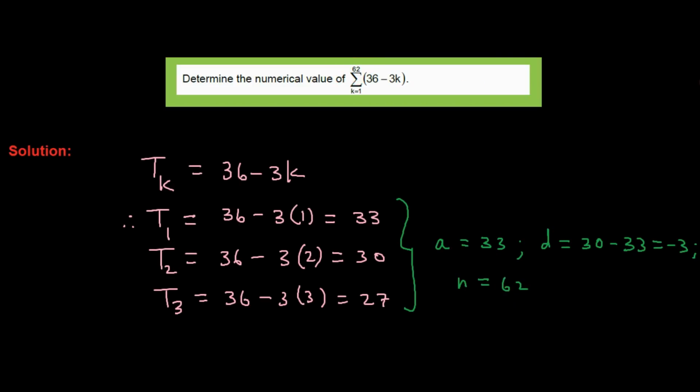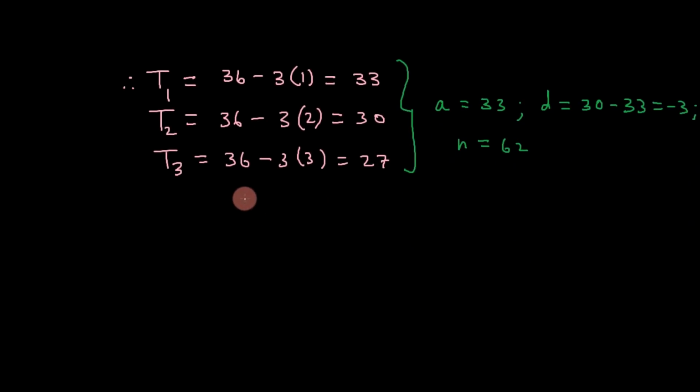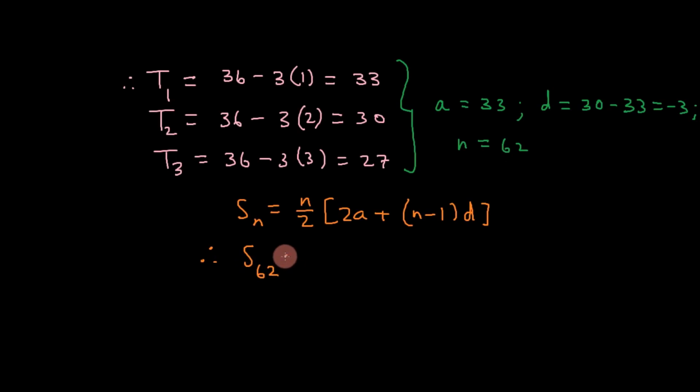Now we can use a sum formula and evaluate. S sub n is n over 2 into 2a plus n minus 1 times d. And we want S sub 62. So just plugging into this equation, we saw that a was 33. 62 minus 1 is 61.